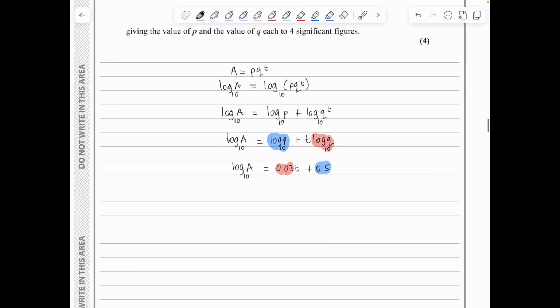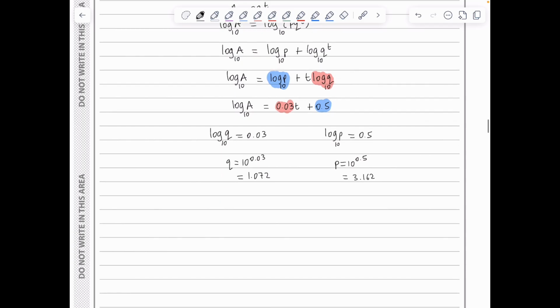So we've got log of Q base 10 is equal to 0.03, and log of P base 10 is equal to 0.5, which means that Q is 10 to the 0.03, and this gives an answer for Q, which is 1.072 to 4 significant figures, and P is 10 to the 0.5, which gives an answer of 3.162 for P, and therefore we conclude that A is 3.162 times 1.072 raised to the power of T.